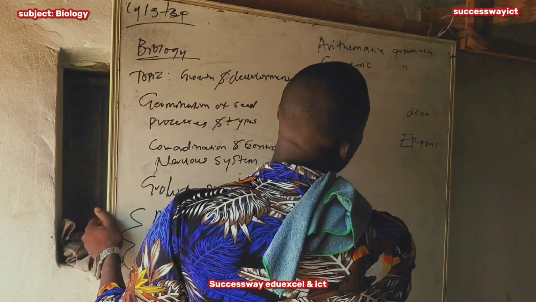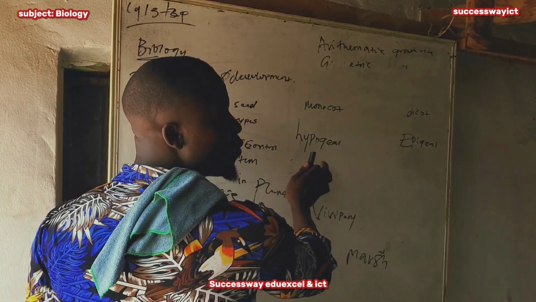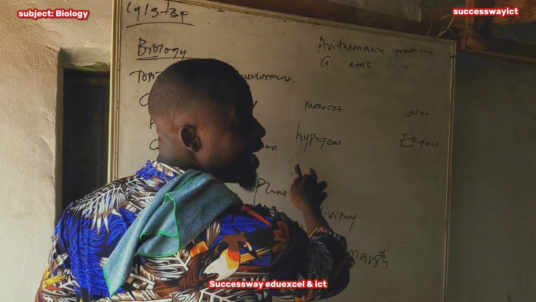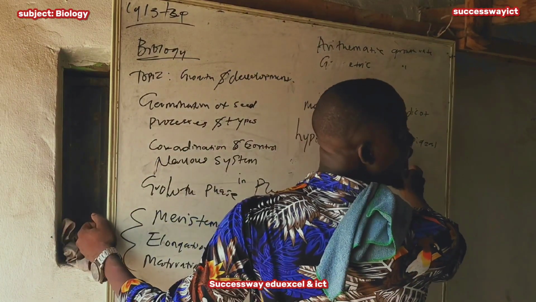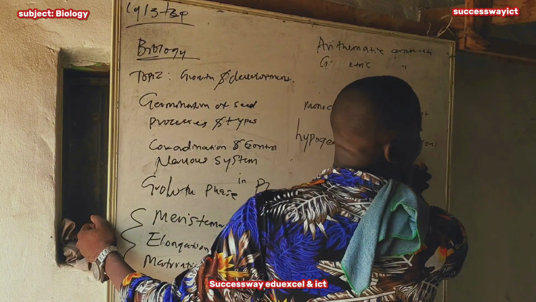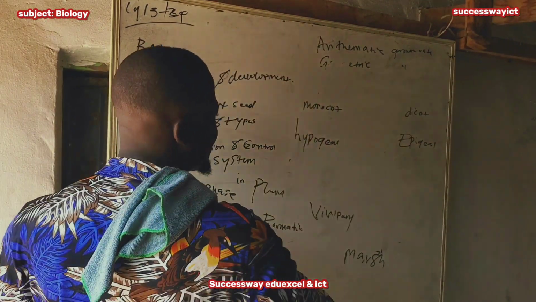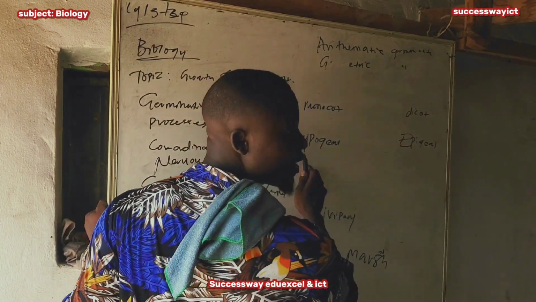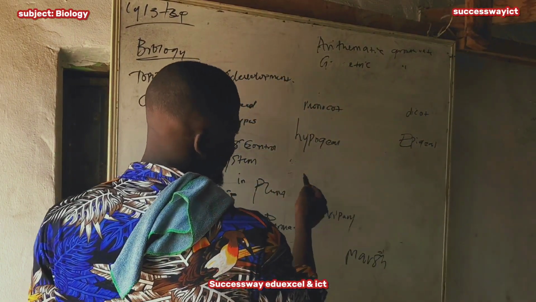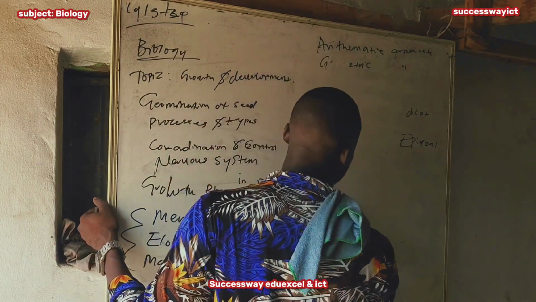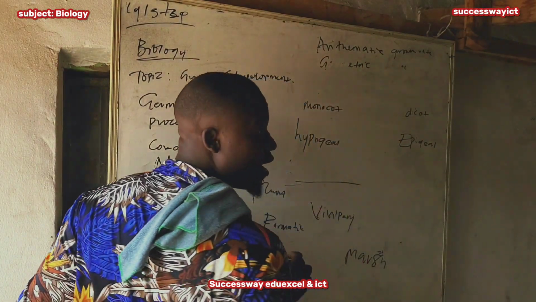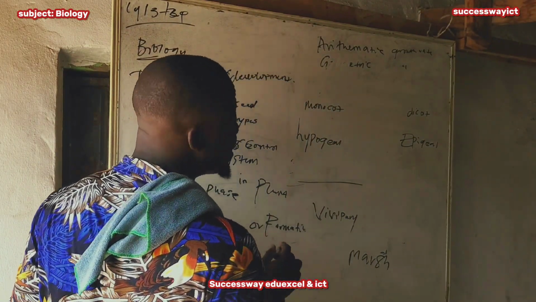Okay. So vivipary, you say occurs in what? In monocot plants, is that not so? While hypogeal occurs in monocots and epigeal occurs in dicots. All right. Give me examples of monocot. Maize. Very good. Now, let's say this is ground level.